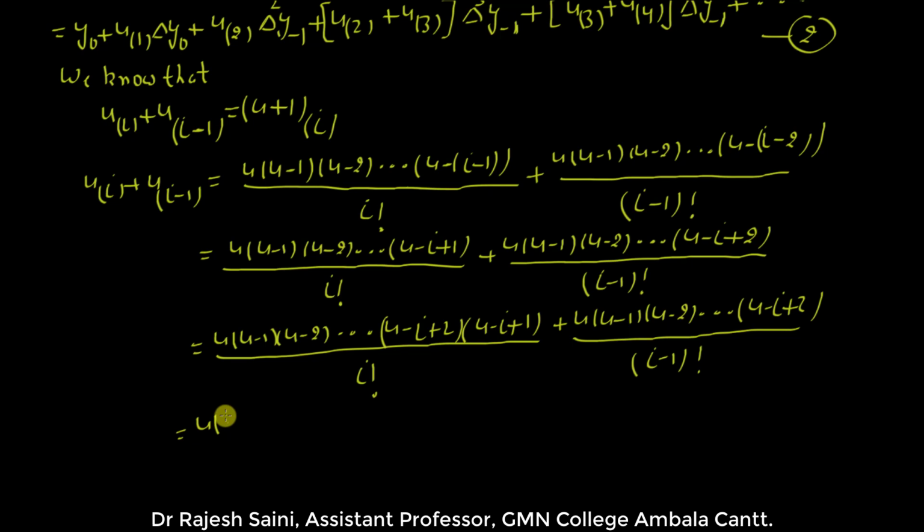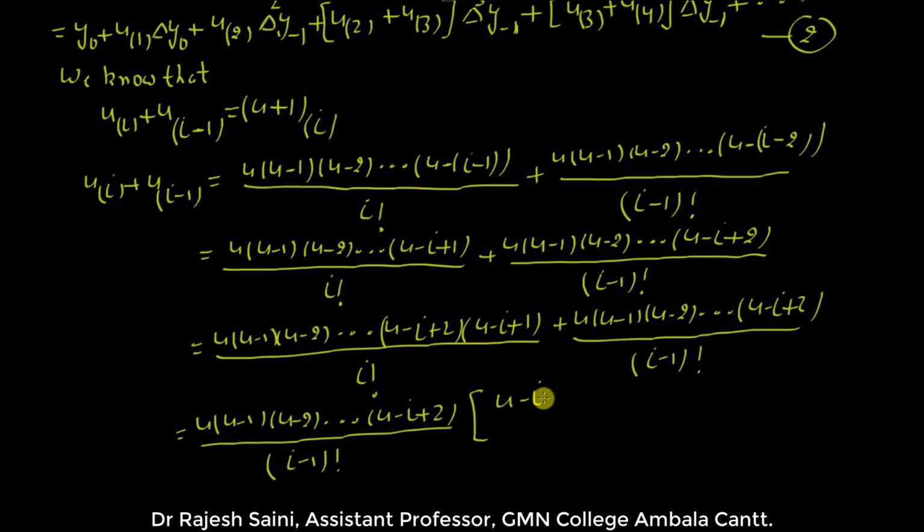What will be common? u minus 1, u minus 2 is common up to u minus I plus 2, and I factorial can be written as I into I minus 1 factorial, so I minus 1 factorial can be taken outside. So this will be u minus I plus 1 divided by I, plus 1. Okay, fine.